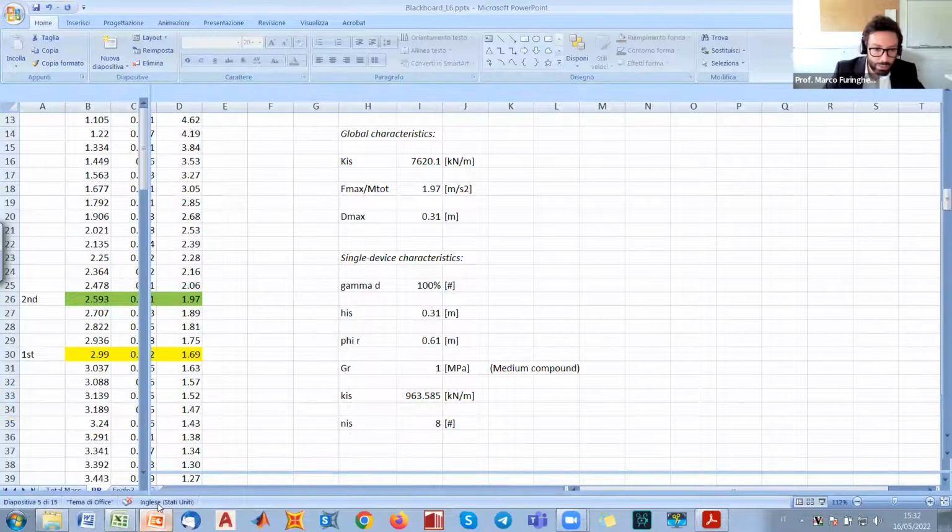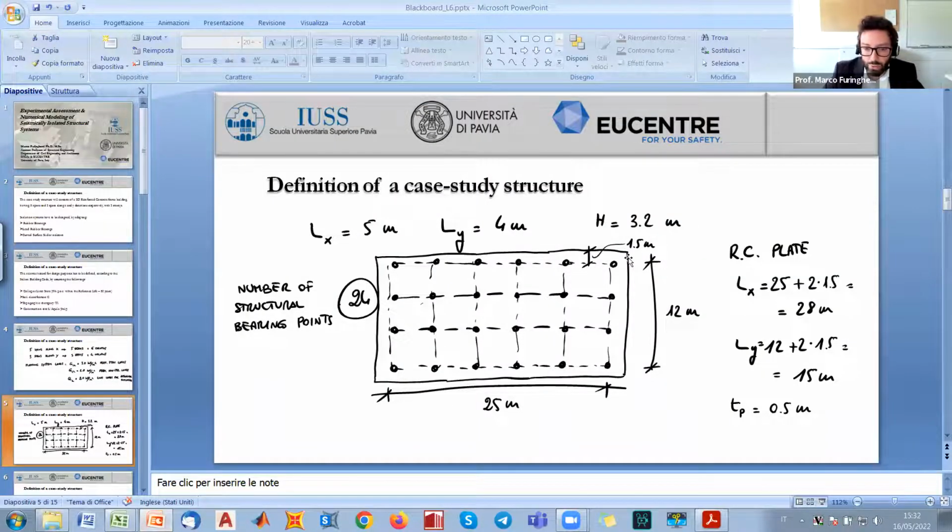So according to our plan view, maybe 8 isolators could be fair enough. I mean, we can choose these 4 and these 4, okay? And by keeping exactly the same here as flat sliders, rather than 2 here, 2 here, 2 here, and 2 here, and all the remaining points as flat sliders.